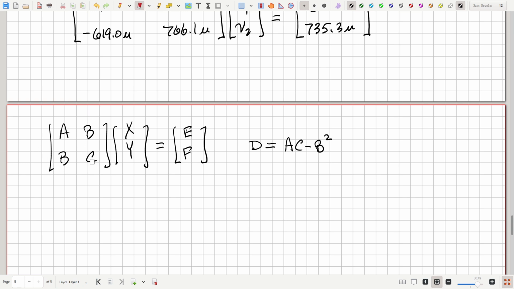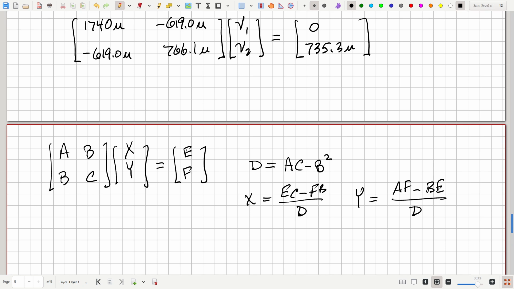And then X is (EC minus FB) over D, and Y is (AF minus BE) over D. So that's something you can do in a calculator, especially if you have some memory registers where you can store these A, B, C, E, and F values, and then calculate the D value and store it, and then just recall those values and do this calculation.